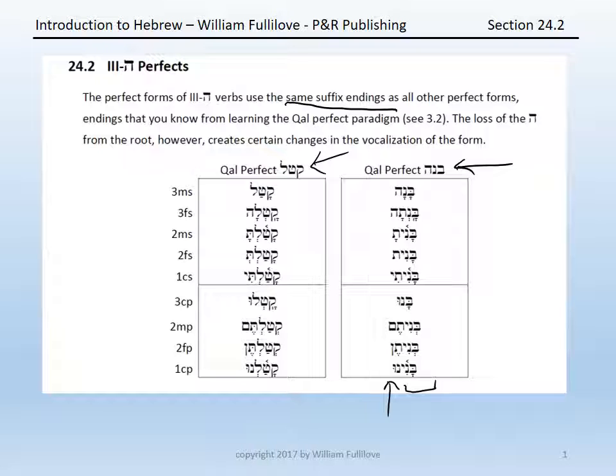The qal perfect of bana is bana, banata, banita, banit, baniti, banu, banitem, baniten, baninu. This paradigm is significantly different, enough so that it must be memorized as a new paradigm.